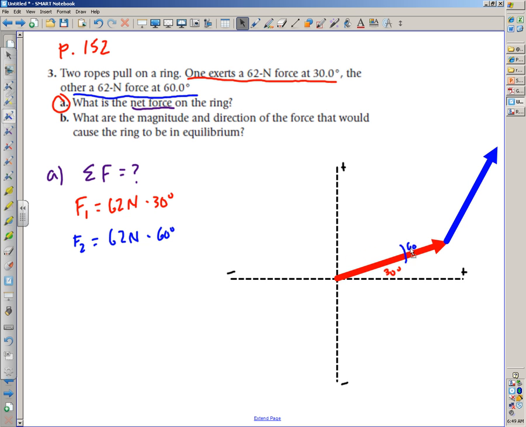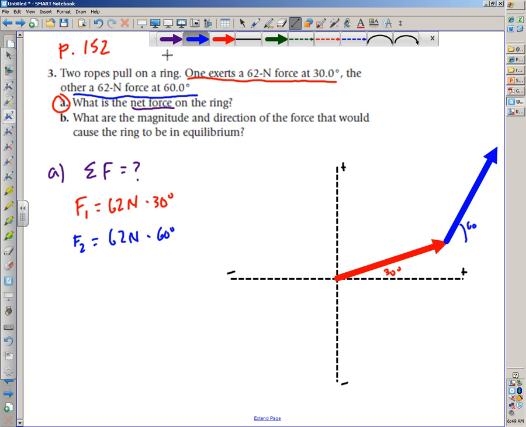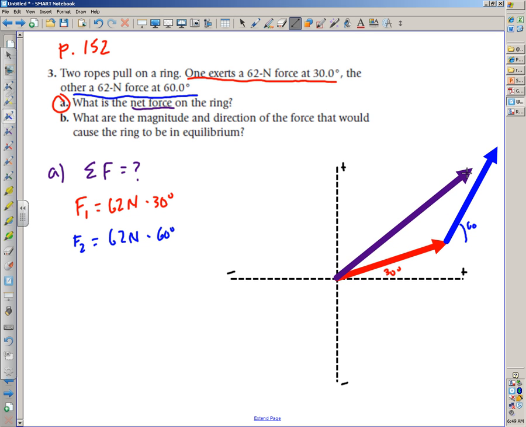This 60 can go along with it, and that's going to be important in a little while. But the net force now is defined as the vector that starts at the beginning of the first one and goes to the end of the last one. So in this case, we've only got 2 vectors, so my net force is going to run from here to here.